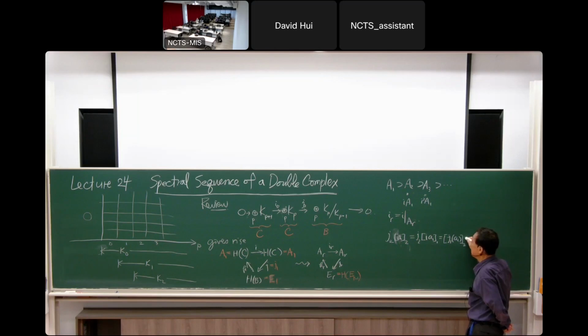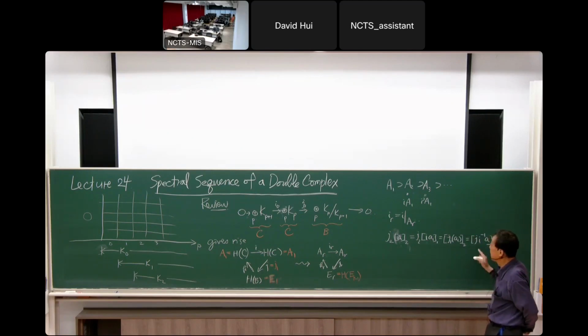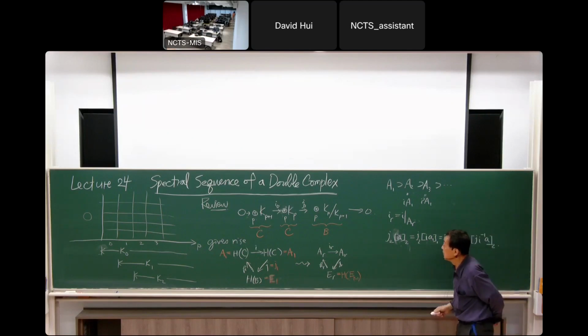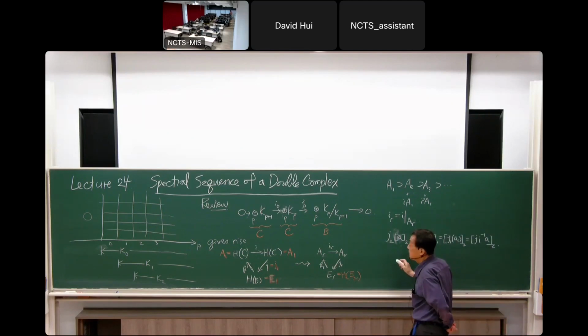And so this is also j1, is j. a1 is an inverse image of a. Okay, so it's also given by this formula. So that's j2.